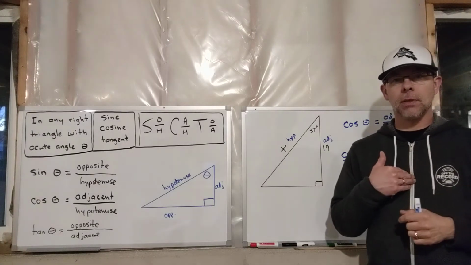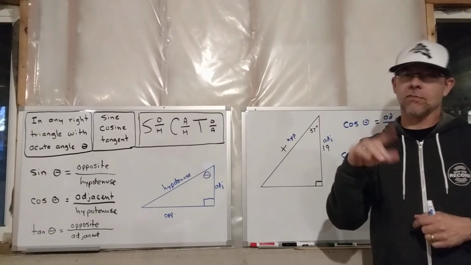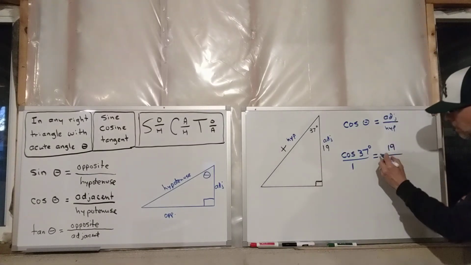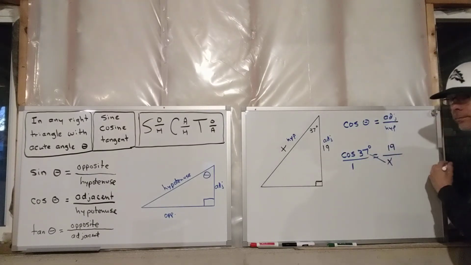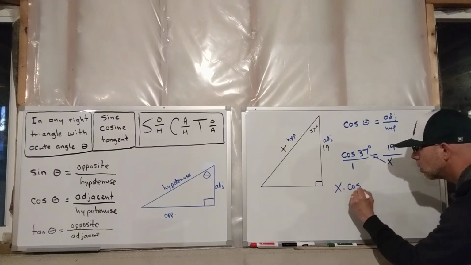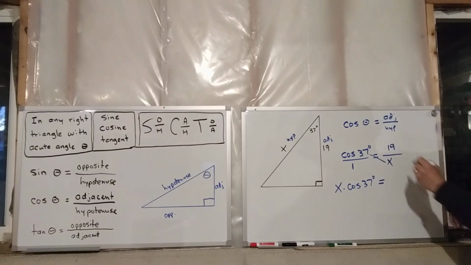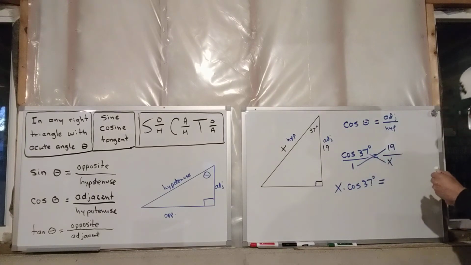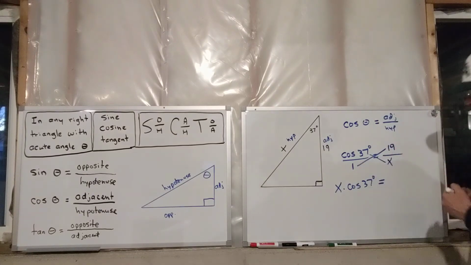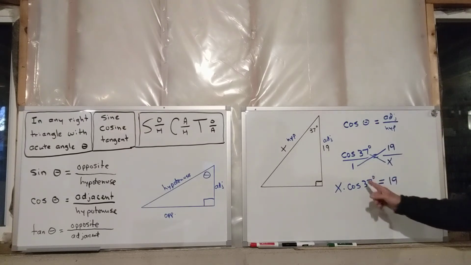Rule of thumb that I apply, I always do the cross multiplication where the x or variable is first, which means I'll do here. That is x times cosine 37 degrees. That has to equal the other cross multiplied. 19 times 1 is 19. And I'm going to solve this equation.